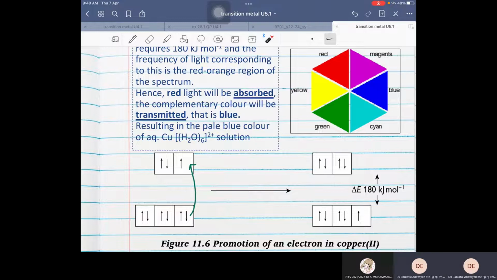Another example, CuCl4 2-, yellow solution, right? So if you look at yellow solution here, that means that complex ion has absorbed the frequency of light that matches the delta E, of course, and that's the blue color, blue light, all right?